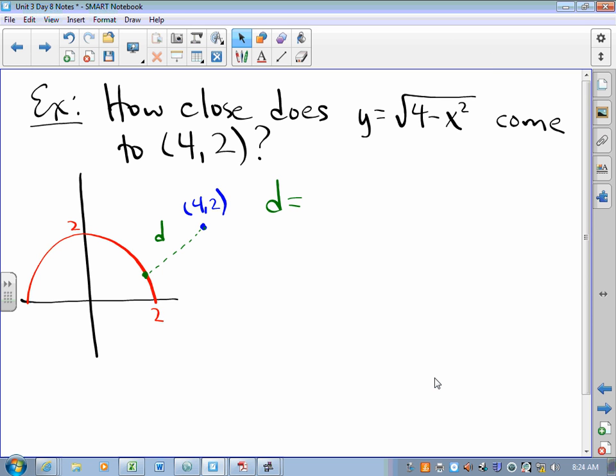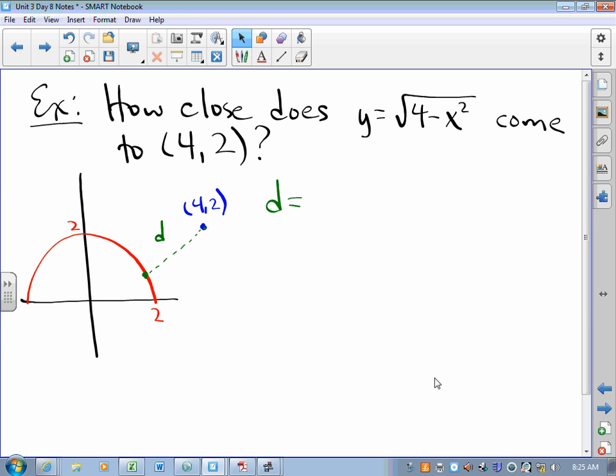We are about to come up with a function that defines the distance between (4, 2) and a point on the curve. And then we are going to take the derivative of that function so that we can analyze its derivative and notice, okay, d is increasing on this interval, decreasing on that interval, and then we'll be able to see, using a first derivative test, when this function is at a max.